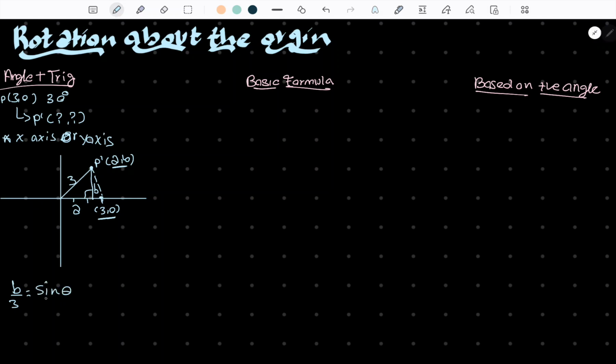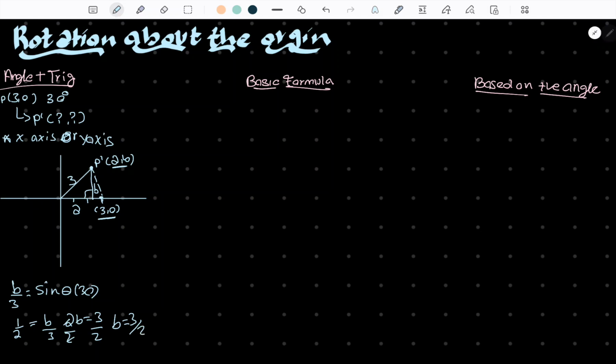Sine of 30 is 1 over 2. So 1 over 2 equals B over 3, cross-multiply, and then 2B is equal to 3, and then dividing by 2, B will be 3 over 2.